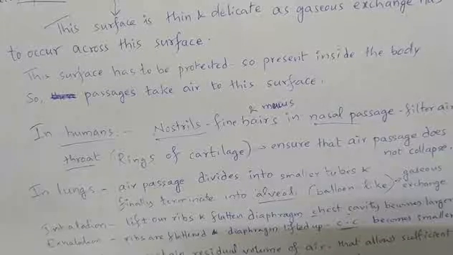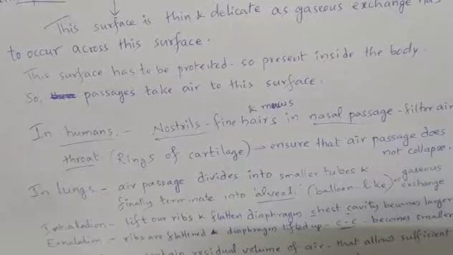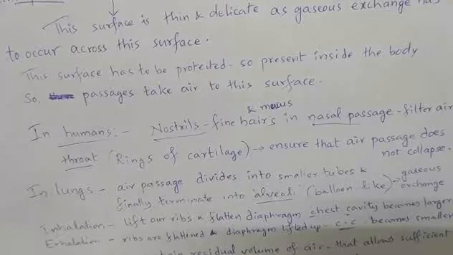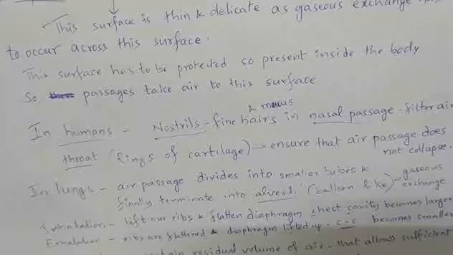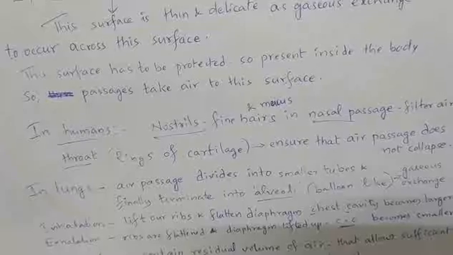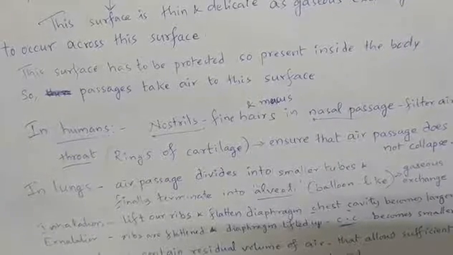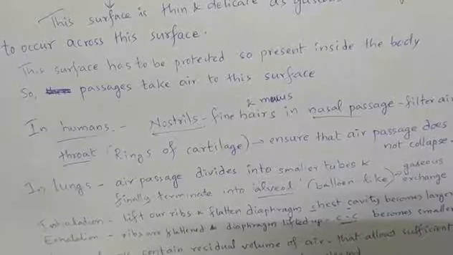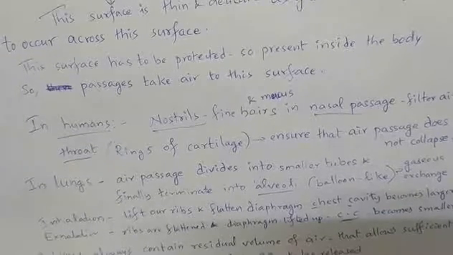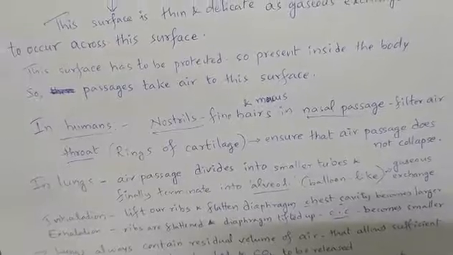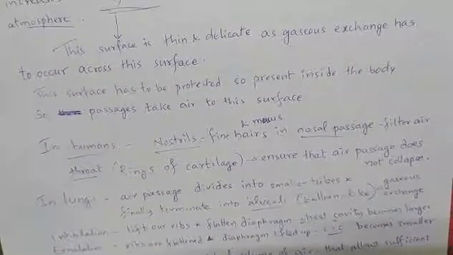These fine hairs and mucus filter the air so that dust particles do not enter into the lungs. And the nasal passage leads to the throat. This throat is made up of rings of cartilage. These rings of cartilage ensure that the air passage does not collapse.